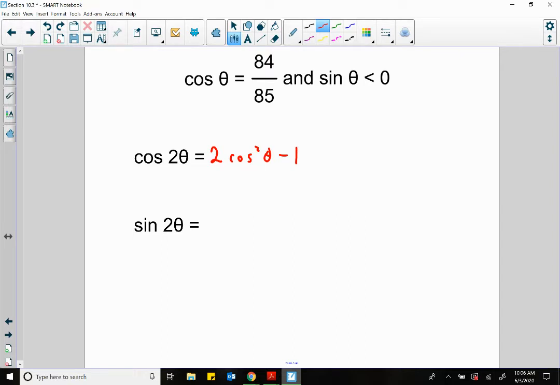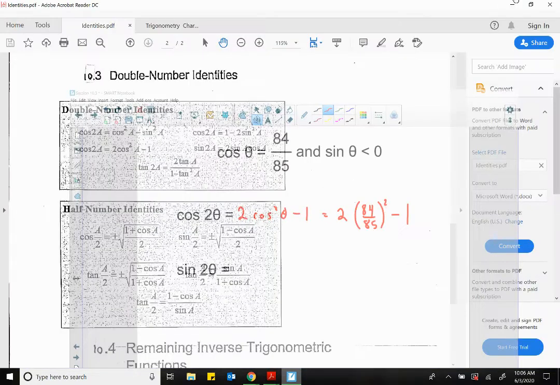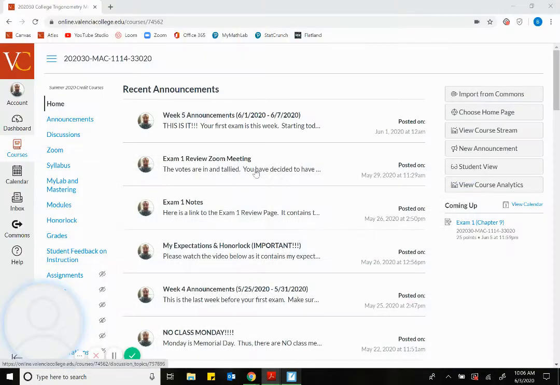Well, we know what cosine is. So this is 2 times 84 over 85 squared minus 1. So you just got to do a little bit of work.